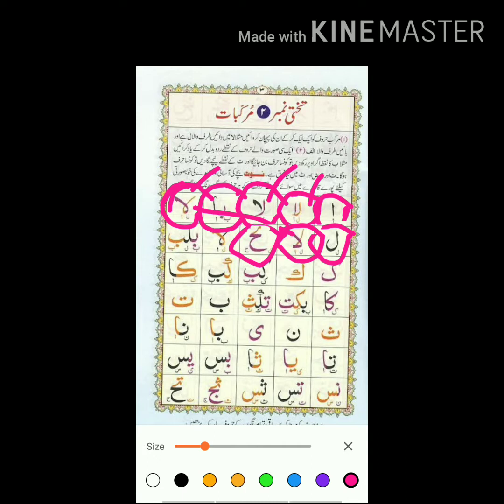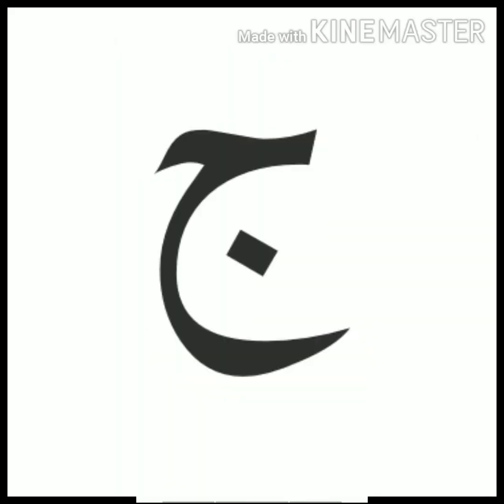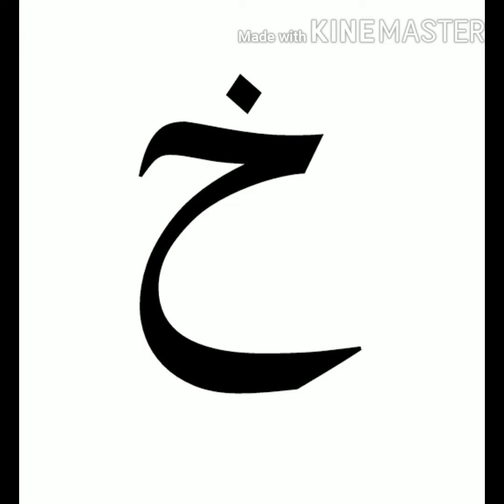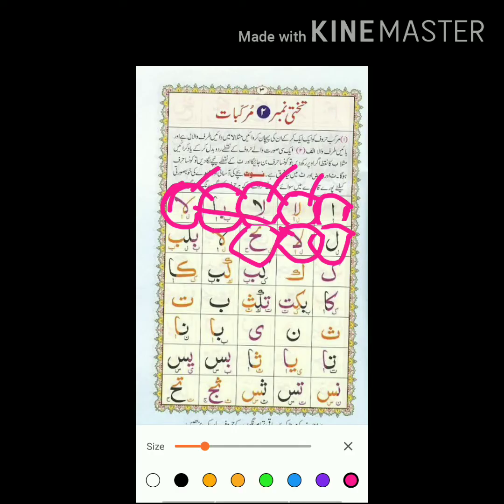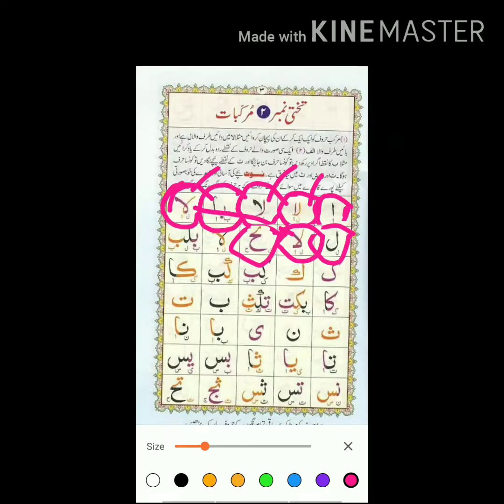Whenever you see this kind of letter, which you are seeing in orange color, above ha or jim or ha, then you should know that that orange letter is lam. So here there are two letters. The first one is lam and the second one is ha.